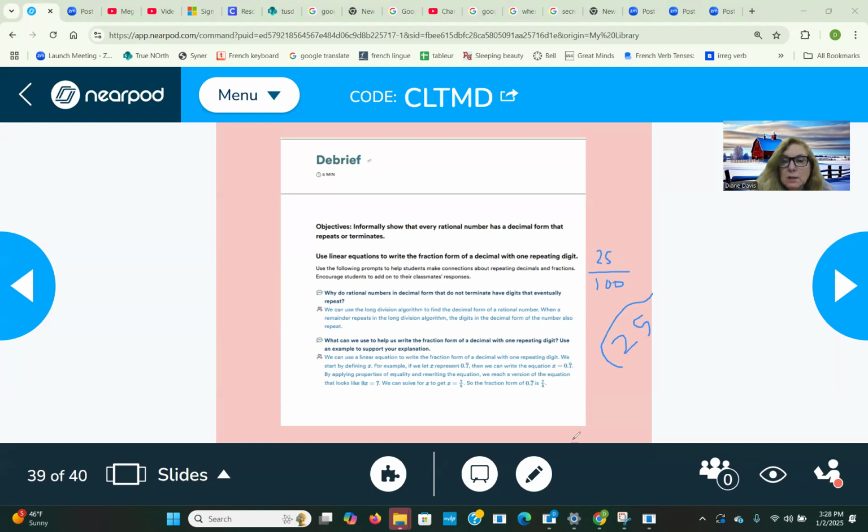Let's just do it this way. 100 won't go into 25, but 100 will go into 250 two times. So that's 200 with a remainder of 50. We'll go into 50, carry the 0, and that's 5.